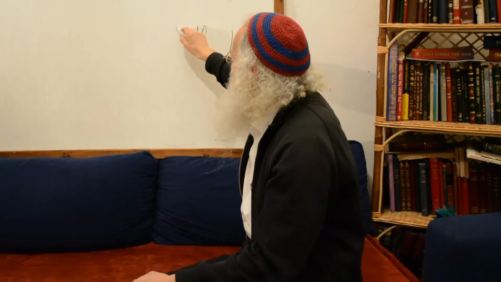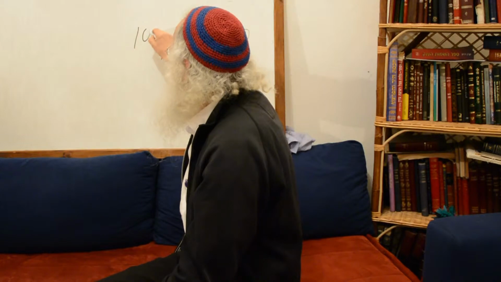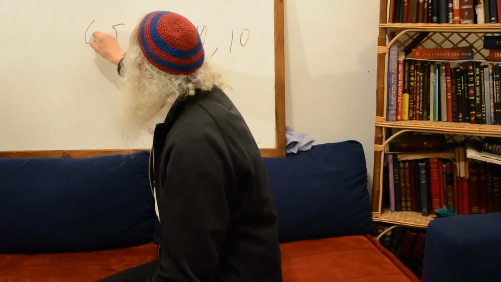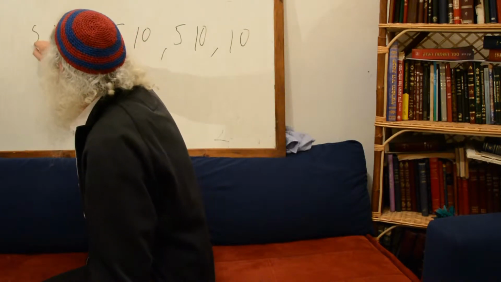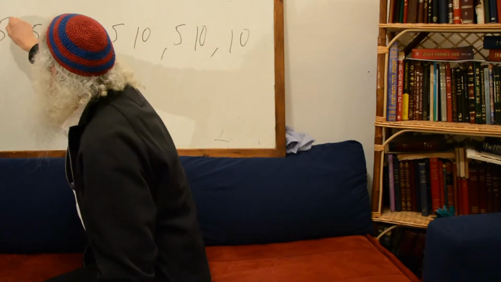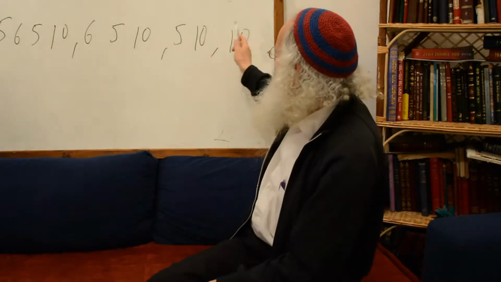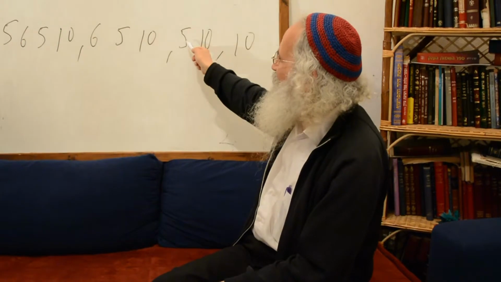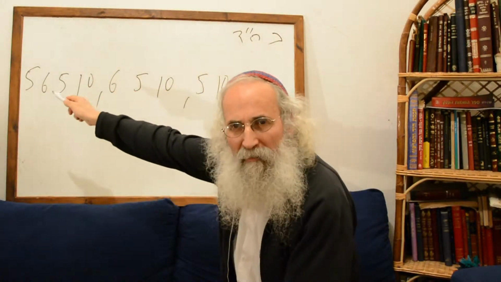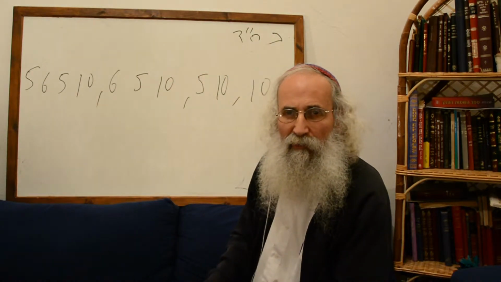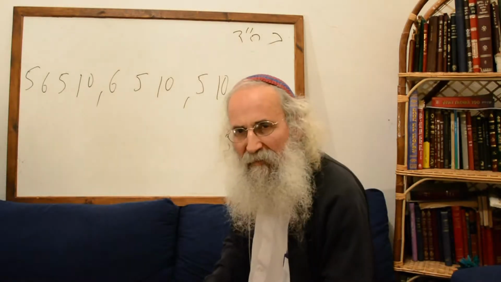Yud Kei, after Yud Kei Vav, after Yud Kei Vav Kei: 10, 5, 6, 5. The way we write the name in this way, the first letter, then the first and the second, then the first, second and third, and then all 4 letters, is called milui achoraim. It has to do with the back.